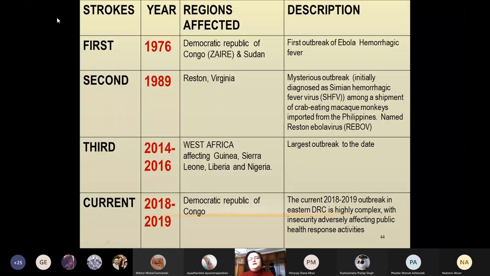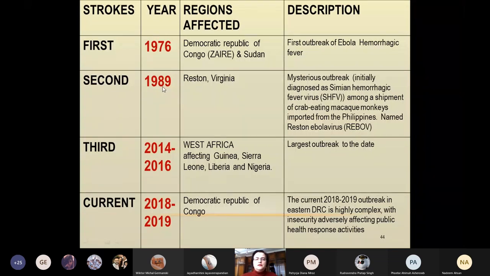Here you can see the table of different outbreaks of Ebola, different species of Ebola. First was in the Democratic Republic in 1976, as you see, the first outbreak of Ebola hemorrhagic fever. In Zaire, in the Democratic Republic of Congo, caused by Zaire, and in Sudan, caused by Sudan types of Ebola viruses.